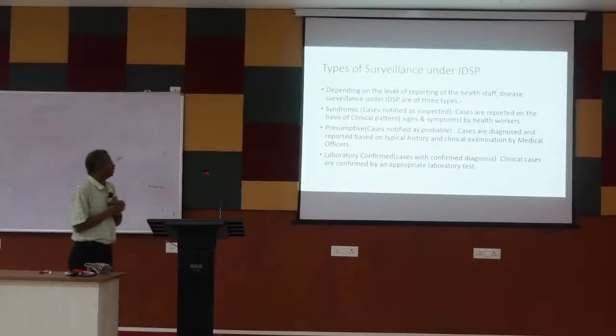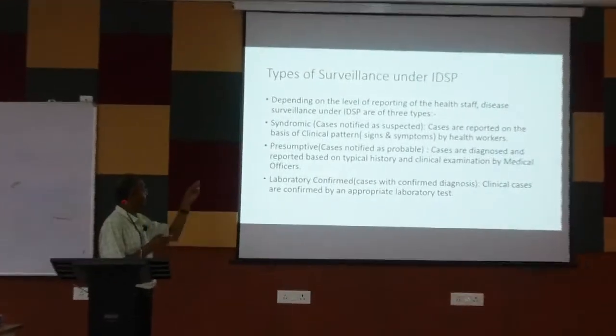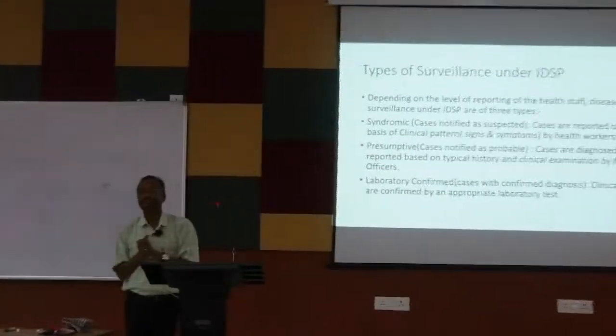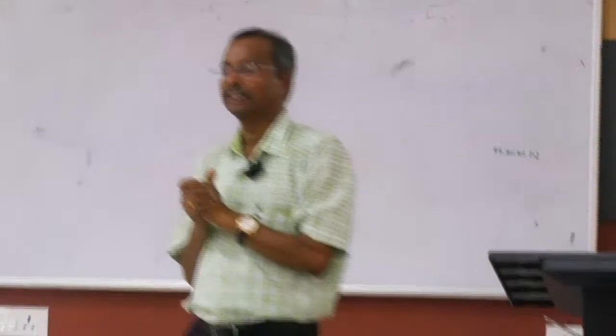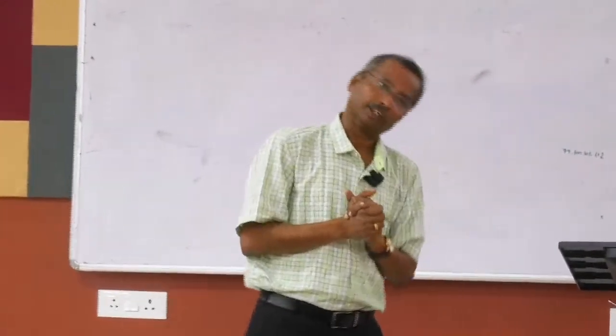They cannot. For the disease, it is the medical officers who can go and diagnose the case on the basis of the typical history and clinical examinations. That is called presumptive. Okay, that will be done by medical officers.